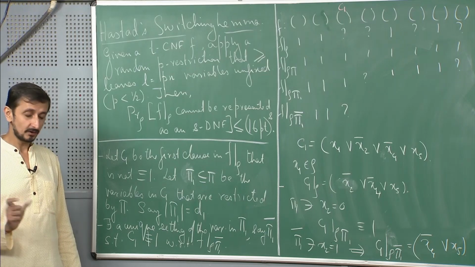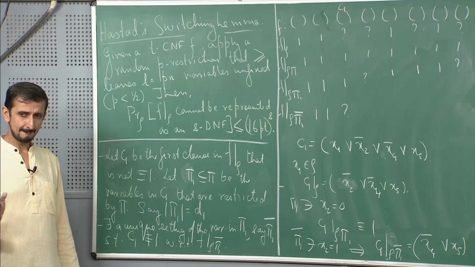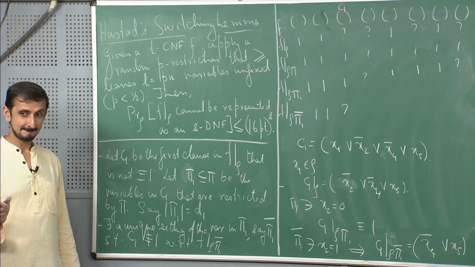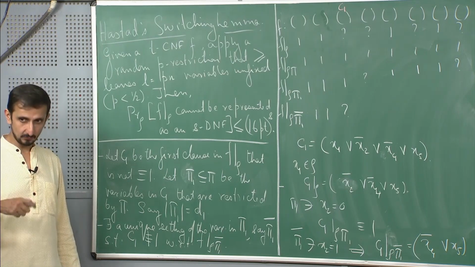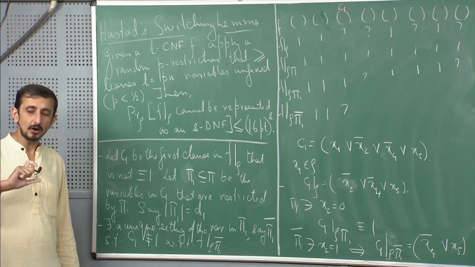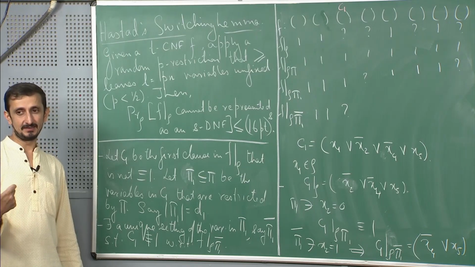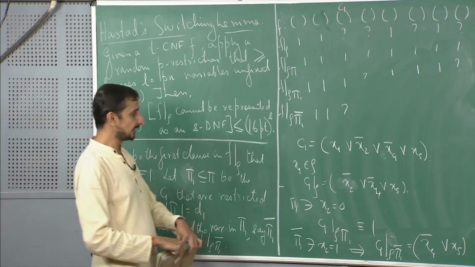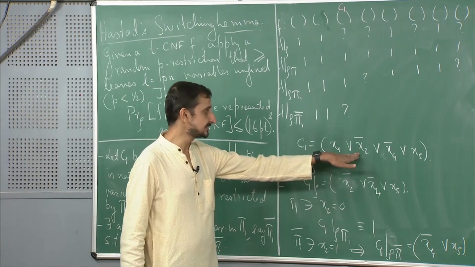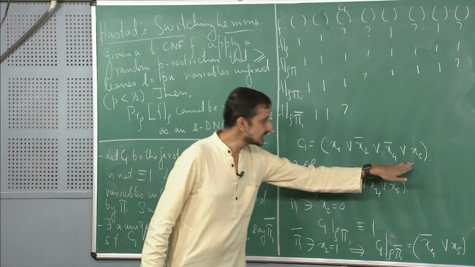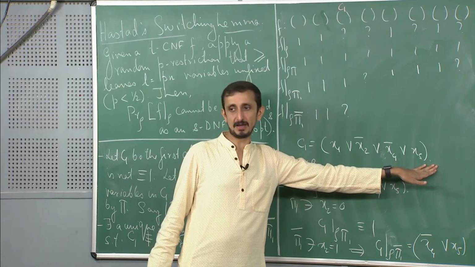Pi 1 bar is what? Say it again. Pi 1, whatever variables we have restricted, we manipulate the variables in such a way that the restriction just goes away. We make it 0 or 1. Exactly. So, we manipulate it, but it is not necessarily the complement of pi, because I will give you another example. Suppose in pi 1, x2 was being set to 0, and suppose x5 was also set to 0 in pi 1.